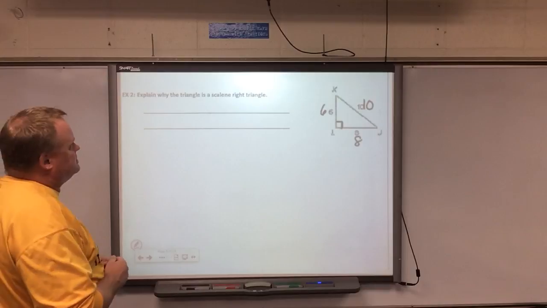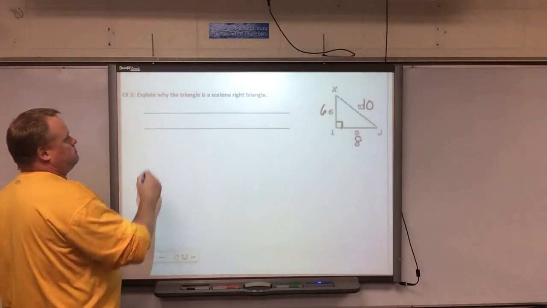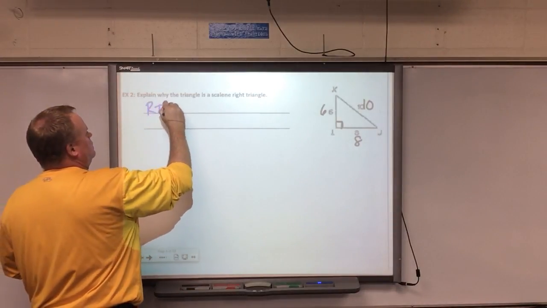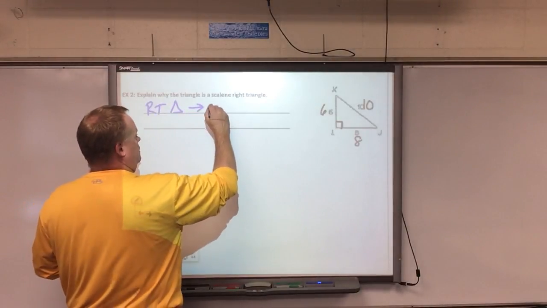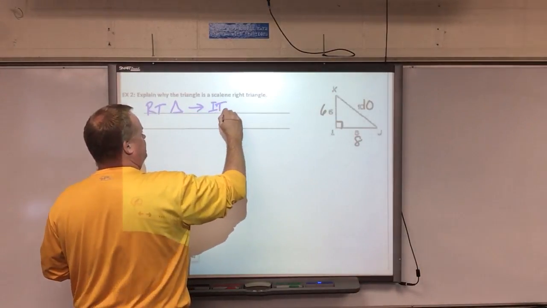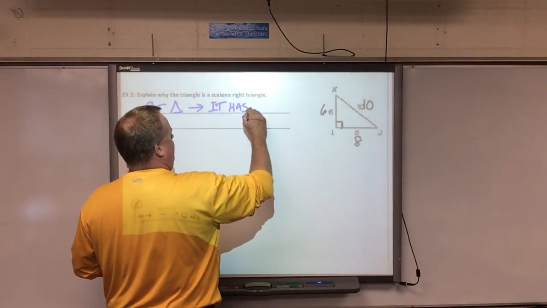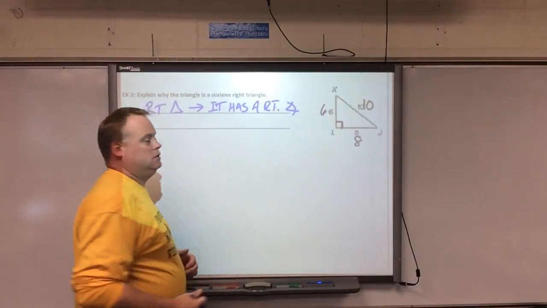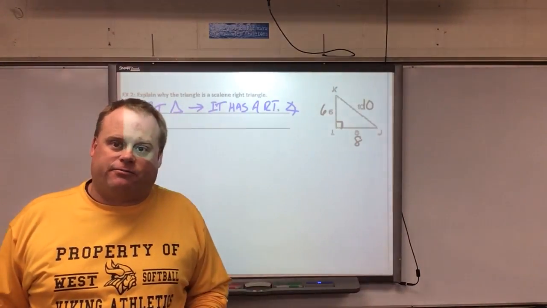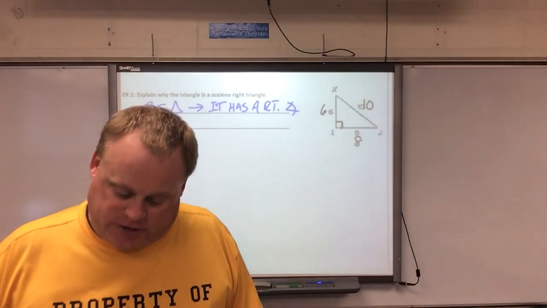Explain why the triangle is a scalene right triangle. Well, it's a right triangle because, why? It has a right angle. It's a right triangle because it has a right angle. That's pretty self-explanatory.